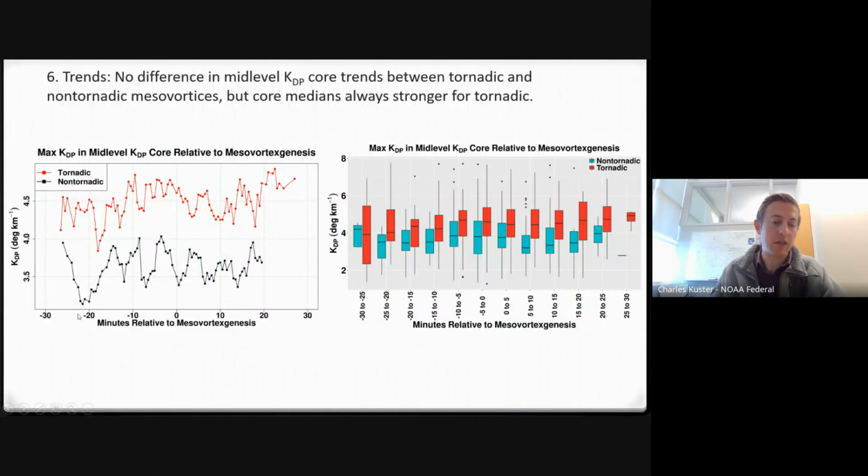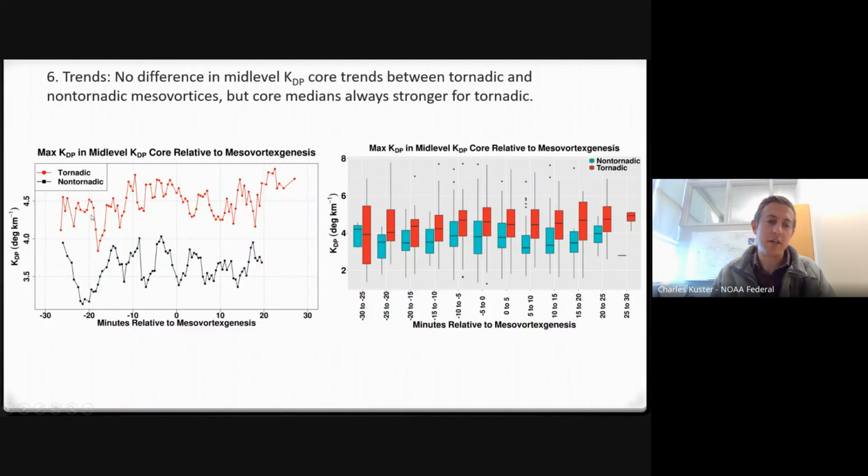Negative values would be before the mesovortex developed, positive would be after. Basically, we took all of the volume scans, there were near 1,000 of them, and we just averaged them together for all of the KDP cores based on when they occurred relative to mesovortex development. And that's how we produced these plots.